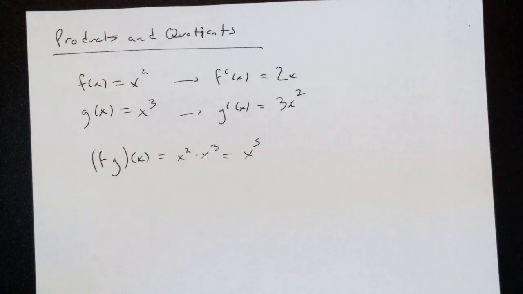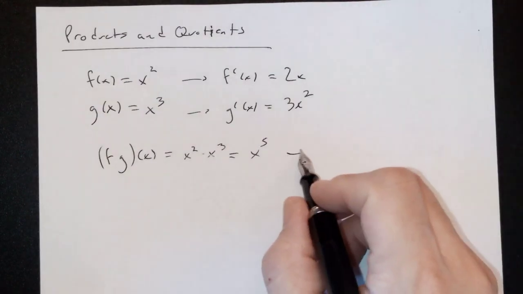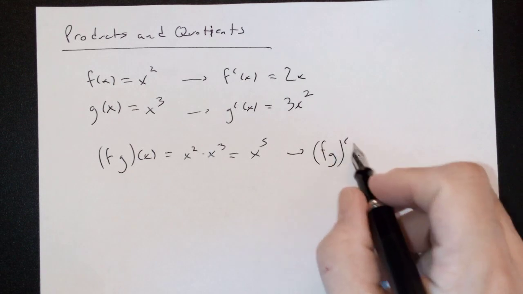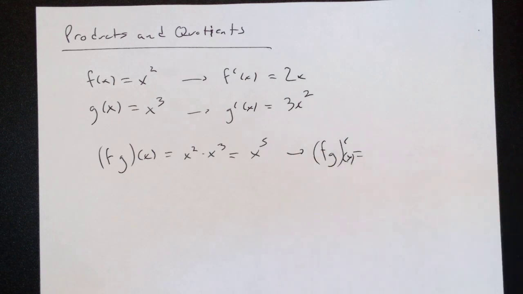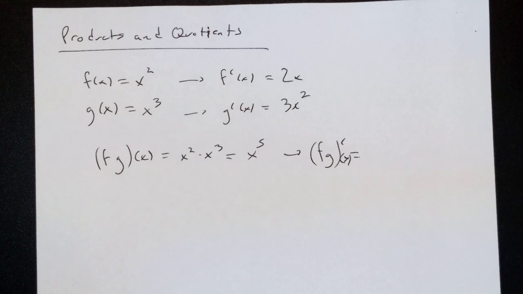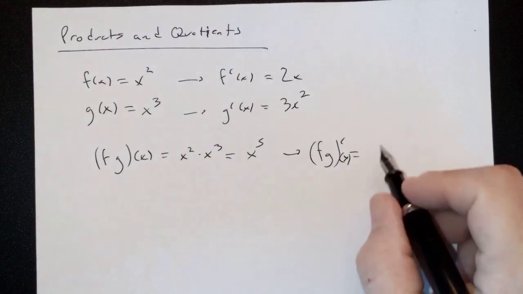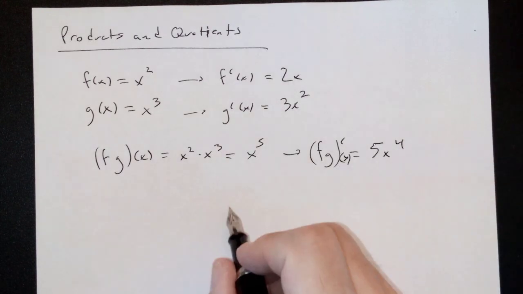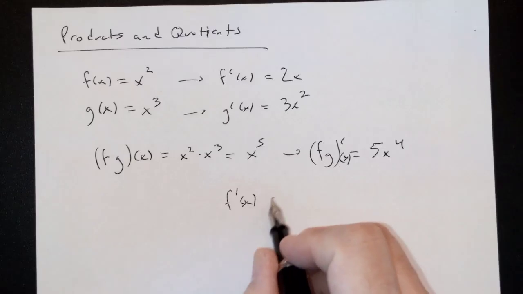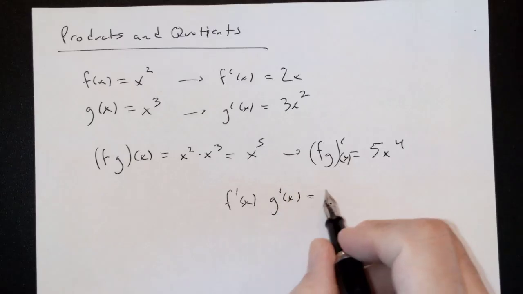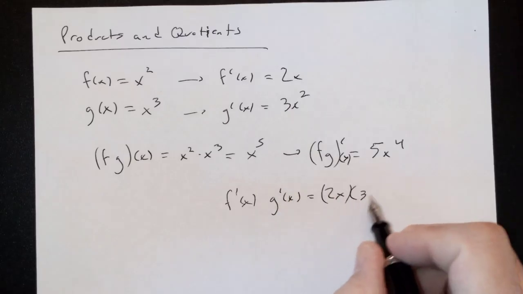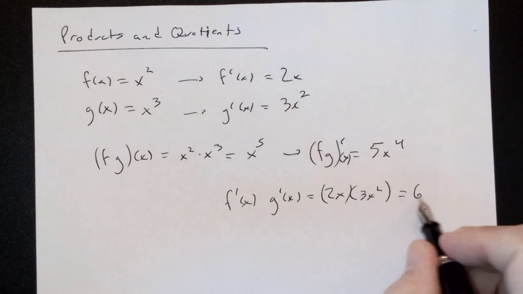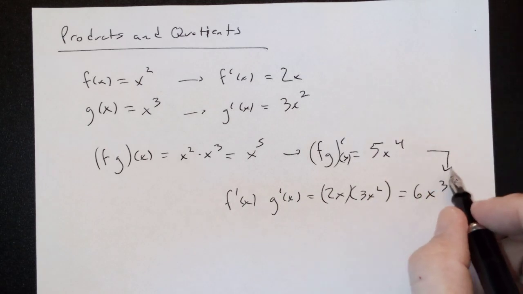What's the derivative of x to the fifth? 5x to the fourth. But if I take f prime of x times g prime of x, that's 2x times 3x squared, and that is definitely not the same thing.